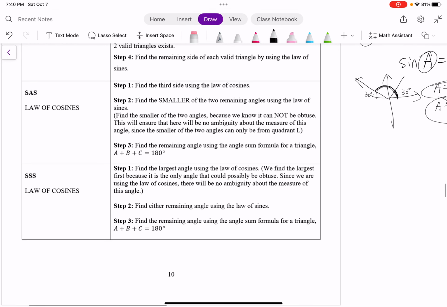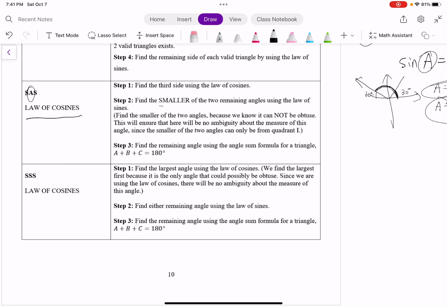So next, we have learned the SAS and SSS cases. In this video, we are using the law of cosine. First, use the law of cosine in the SAS case to find the side opposite A, and then use the law of sine to find the missing information.